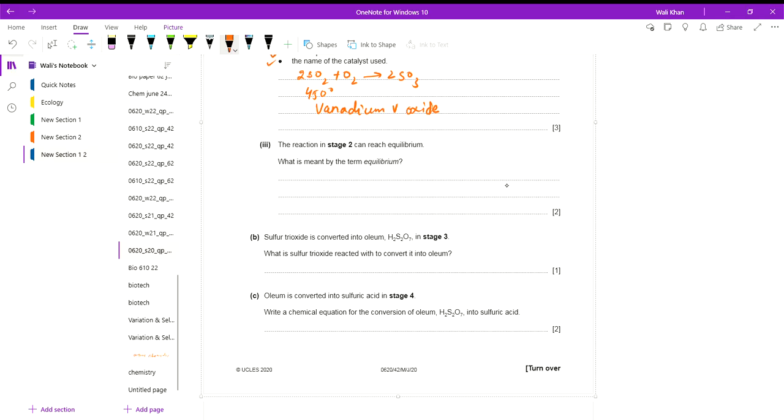The reaction in stage 2 can reach equilibrium. What is meant by the term equilibrium? So just write the definition of equilibrium.